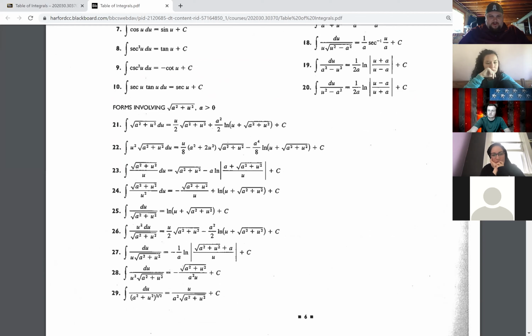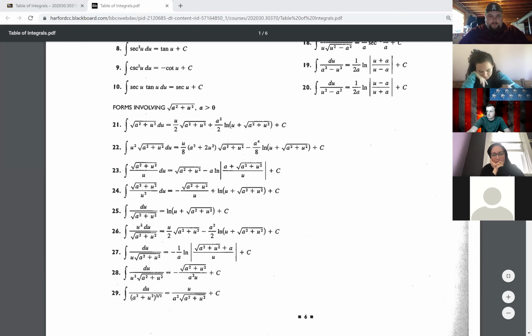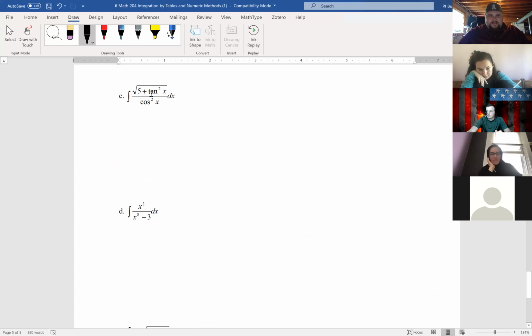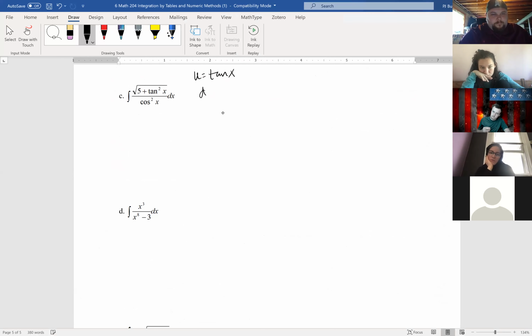So if I go back to the problem now, if tangent is u, what does du have to be? Secant squared. It would be secant squared dx, right?